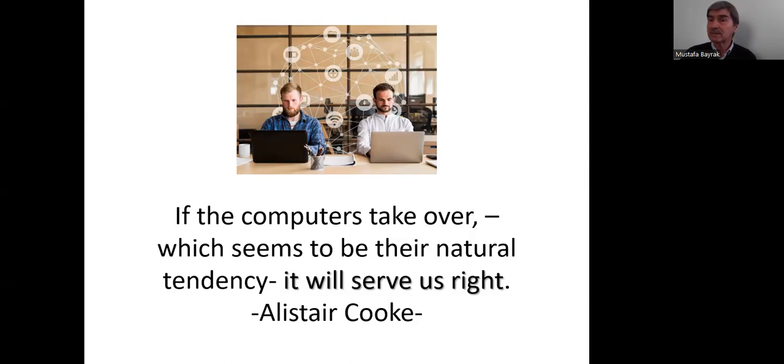It will serve us right. And this situation will benefit us, will be beneficial for us. It will serve us right. If the computers take over.